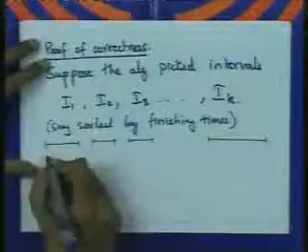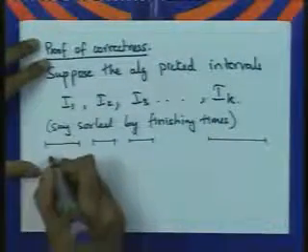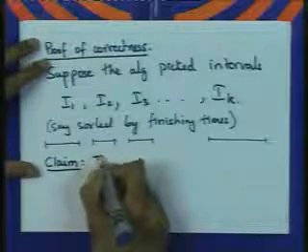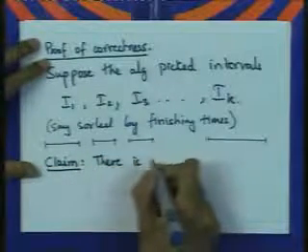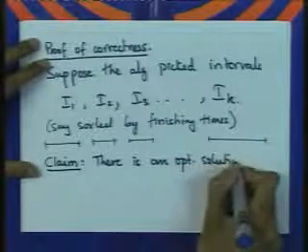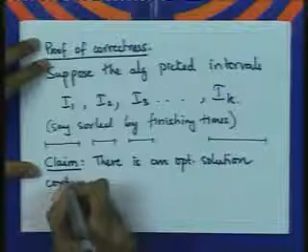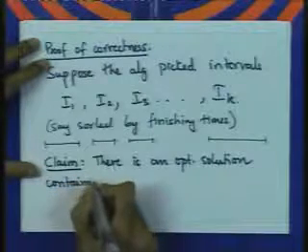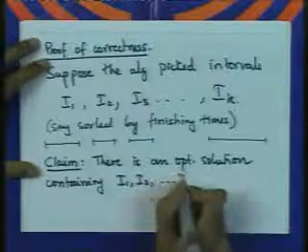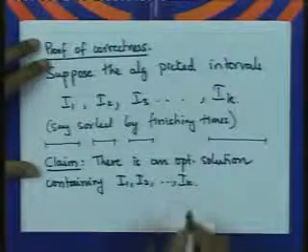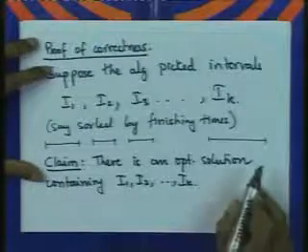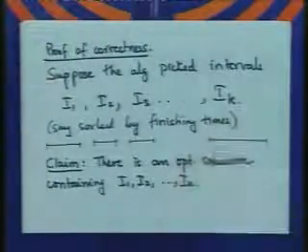So the claim that we want to make is there is an optimum solution containing I1, I2 and so on up to Ik. Well, we just saw that if it contains these, it must be exactly this, in which case this is optimum.